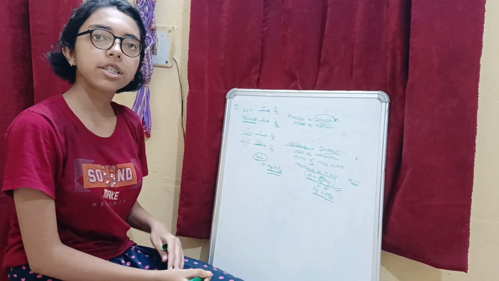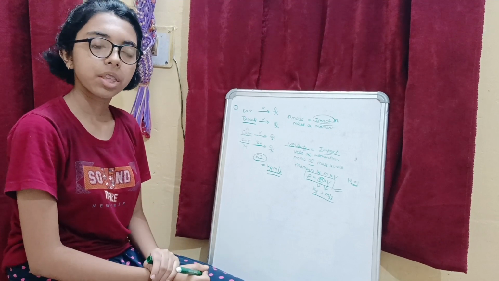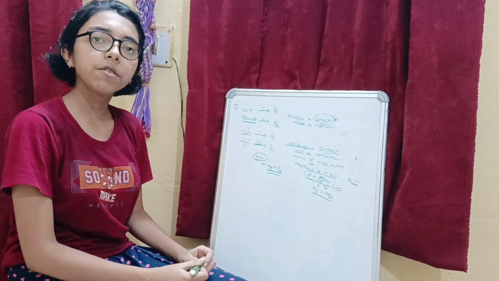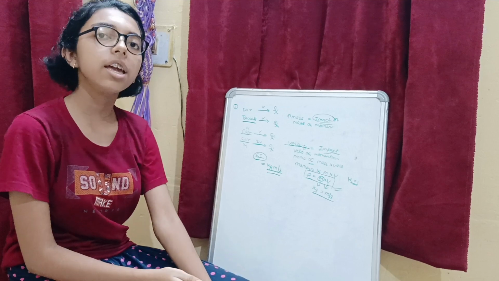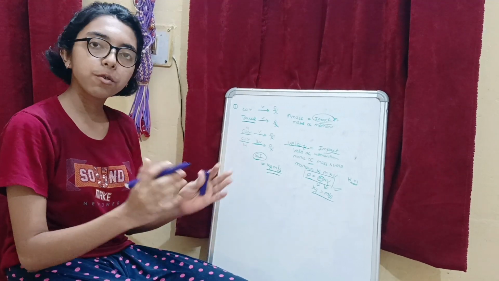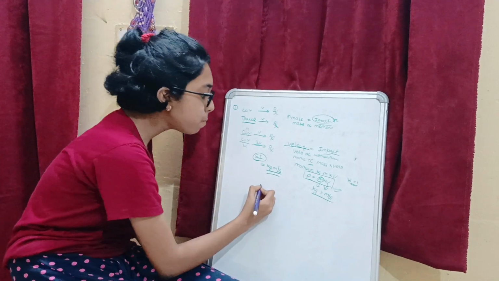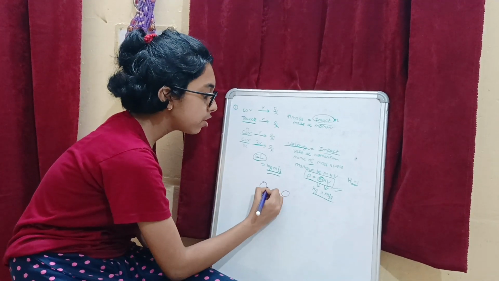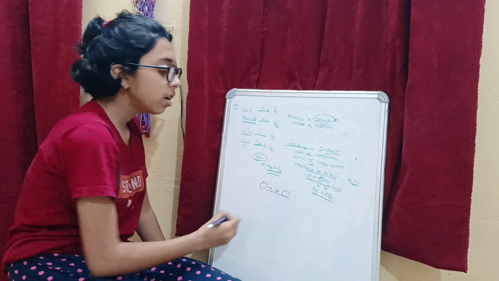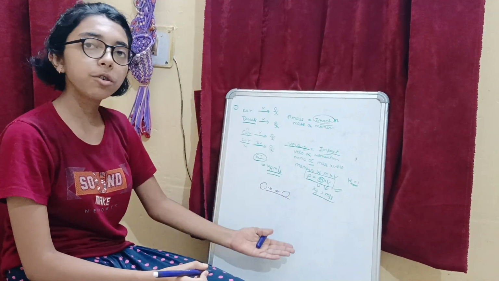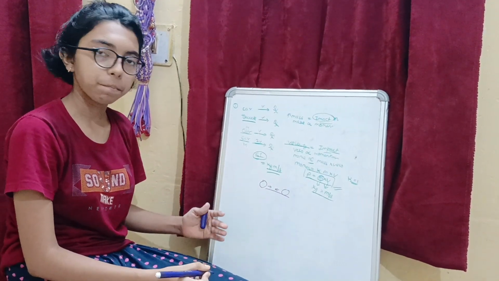Now moving on to conservation of momentum. When we study conservation of momentum, we study the collision of two bodies. It states that if two bodies collide with each other, the momentum before and after the collision is always the same.